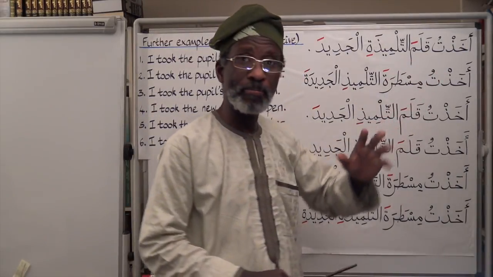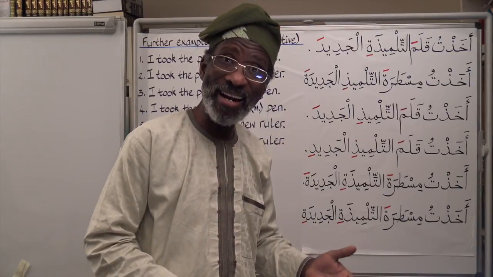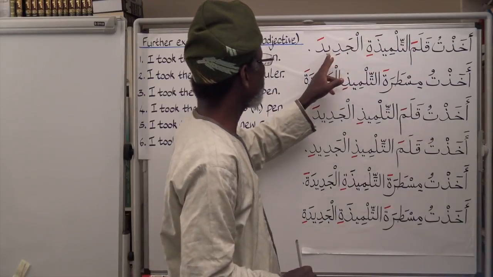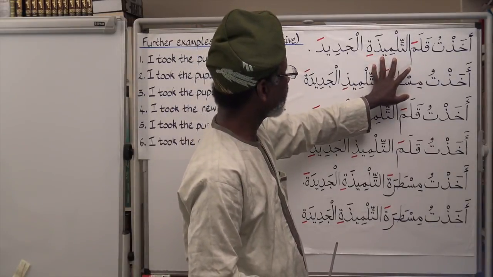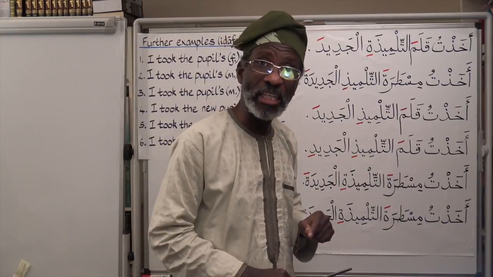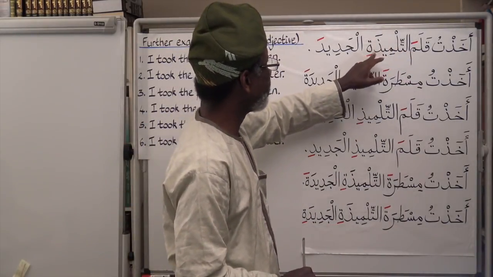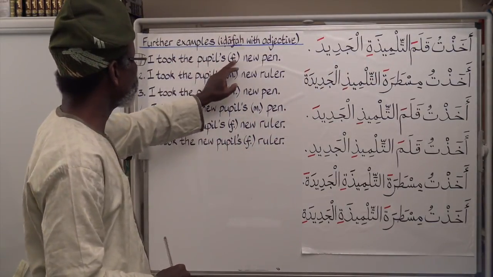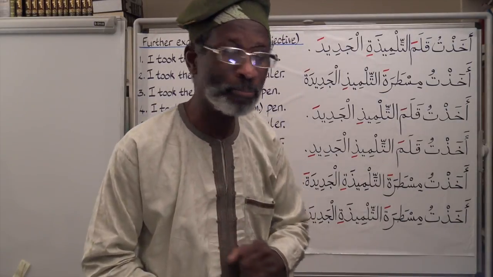Qalam, that's masculine, and it is a defined noun, and is carrying accusative case ending. Therefore, qalam is the new, because the second noun is ending as usual with the genitive case, in this case, kasra. So, أخذت قلم التلميذة الجديدة. I took the pupil's new pen. The pen is the new one.